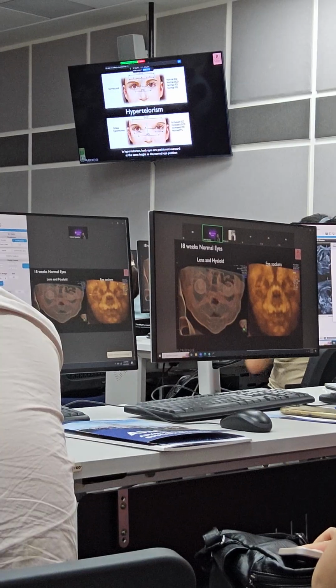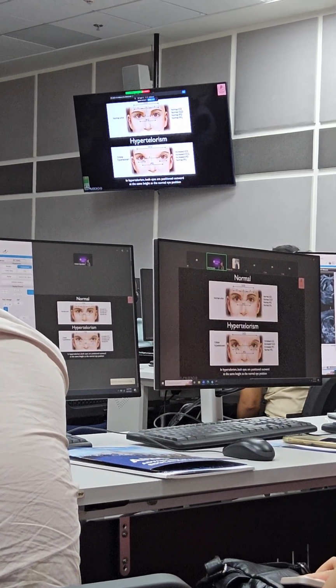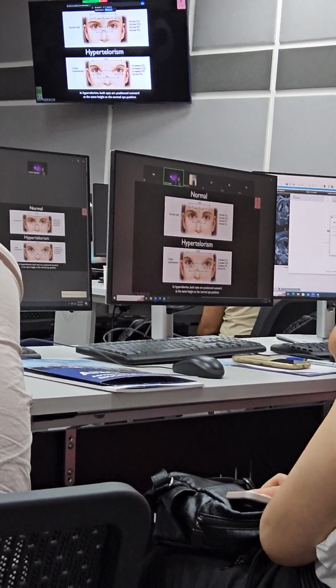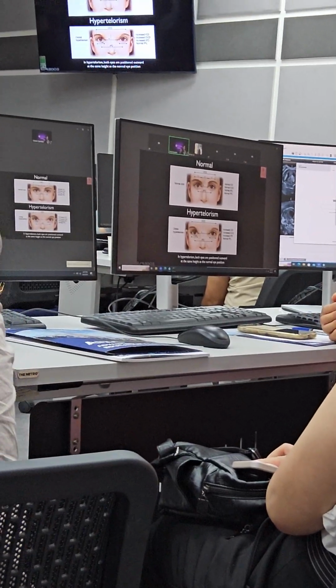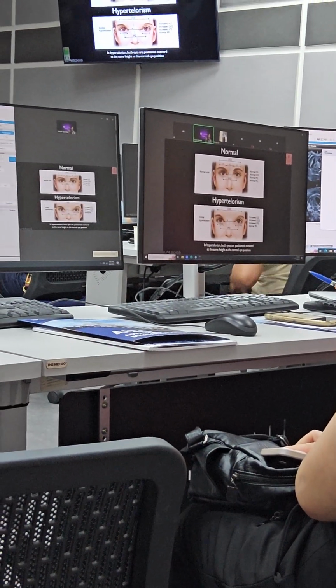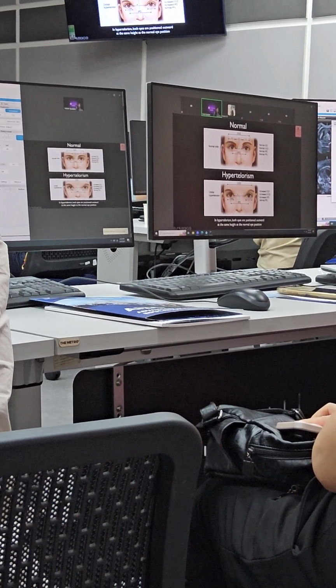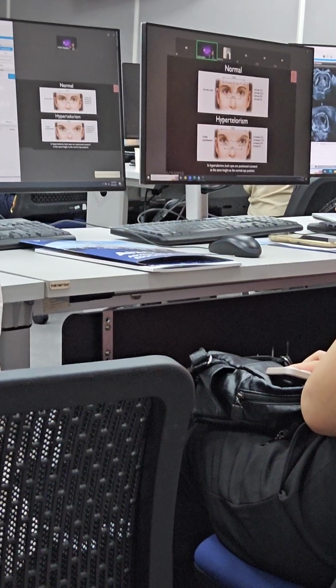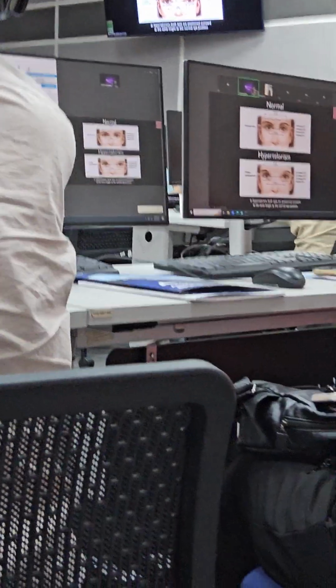Here those are the eye sockets, and normally, hypertelorism is when the two eyes are apart from each other. This is normal, and this is hypertelorism. Some of you have hypertelorism, right? But in hypertelorism, this is at the same level, the same height, and the eyes are apart from each other. That is called hypertelorism. And this case is a bit different.